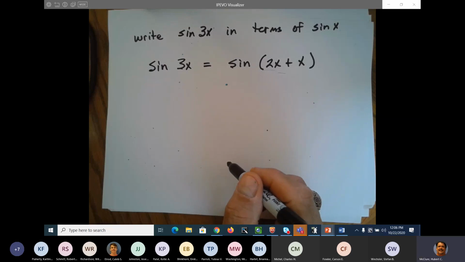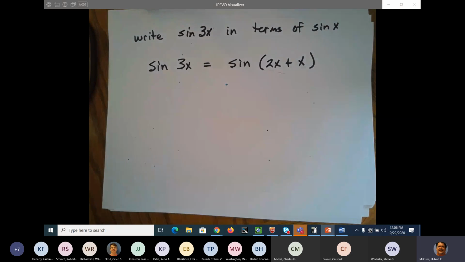Now remember your sum and difference identities that we went over in 10.2.